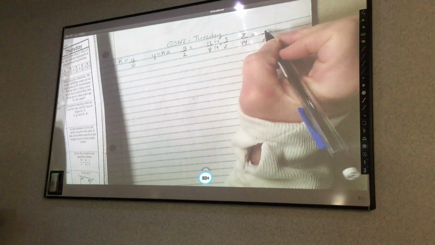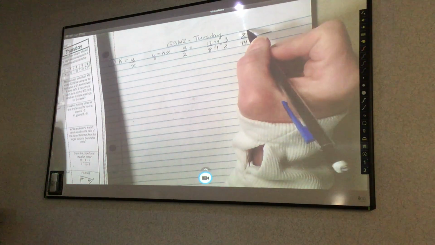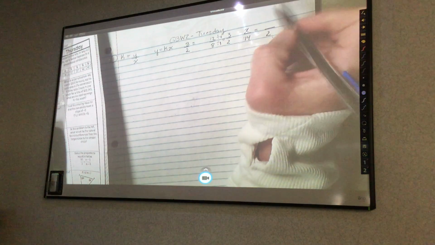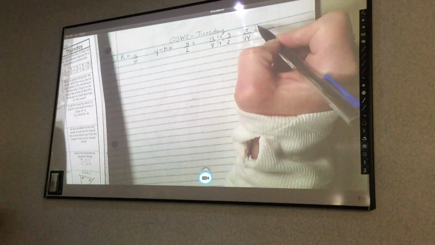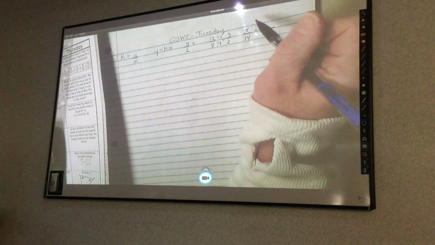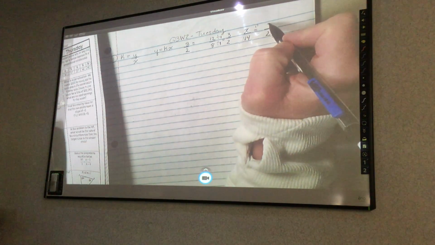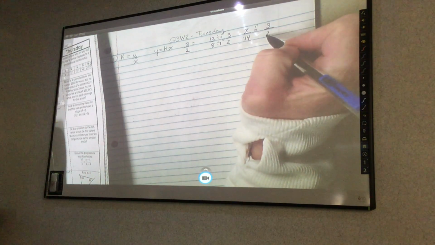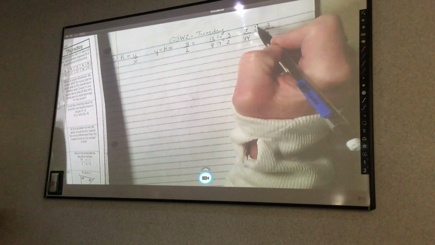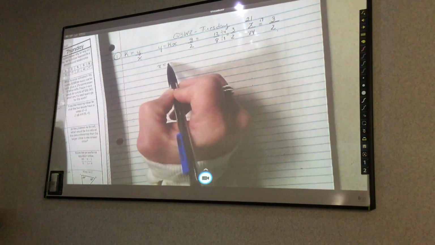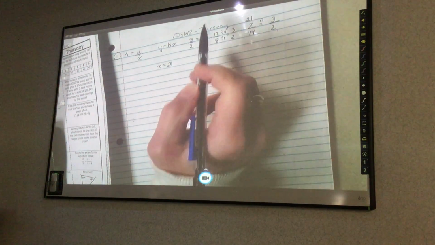So if I divide by 7, what am I going to do here? I'm going to multiply by 7, right? So what am I going to multiply by 7? How am I going to figure that out? 3 times 7. How do you know it's 3? Because this has to equal the 3 times 2. So 3 times 7 is 21. So X needs to equal 21. You have to show the work.